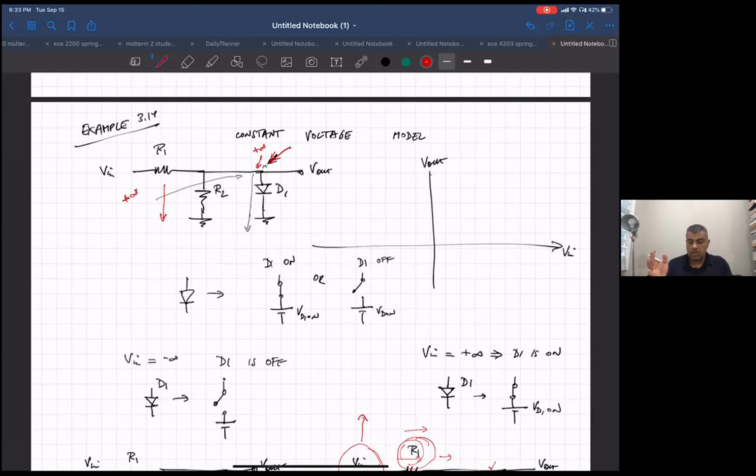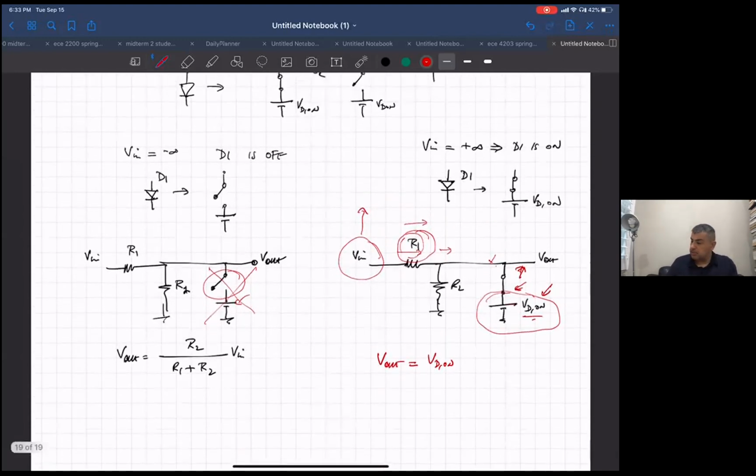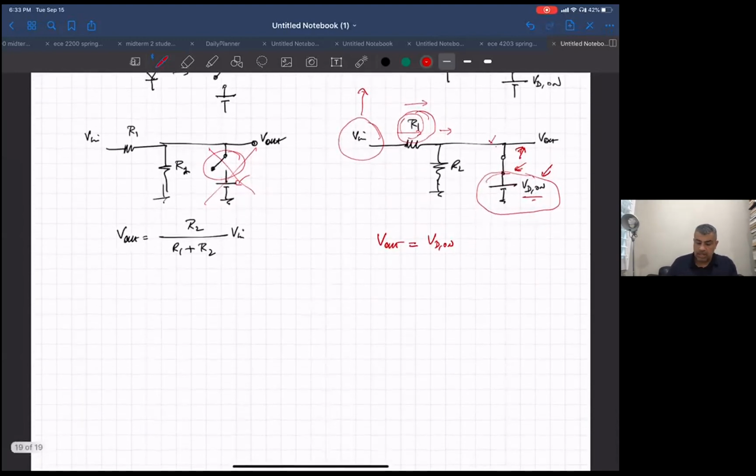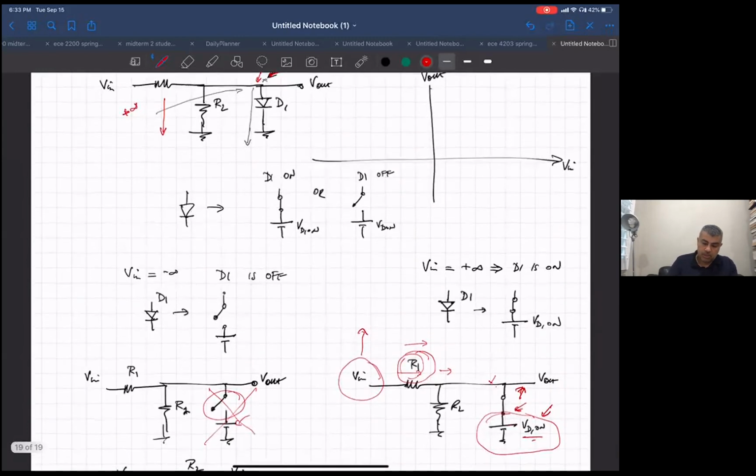But as the circuits get more and more complicated, you're gonna start having to guess what happens with the diodes, and then go back and see if your guess was correct or not. Okay, so let's look at the case here now. Let's draw, since we're still here.